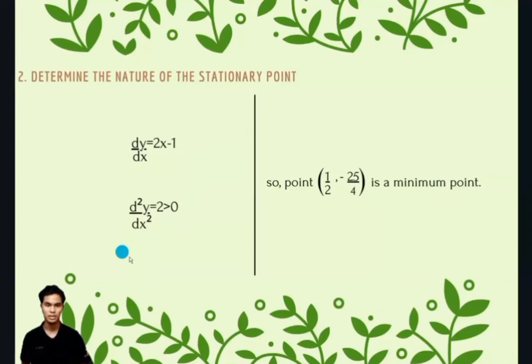So the second derivative is d squared y over dx squared equals 2. So 2 is bigger than 0. So 1 over 2, negative 25 over 4 is a minimum point. That's all from me. We will go to Diana for the sketch graph.